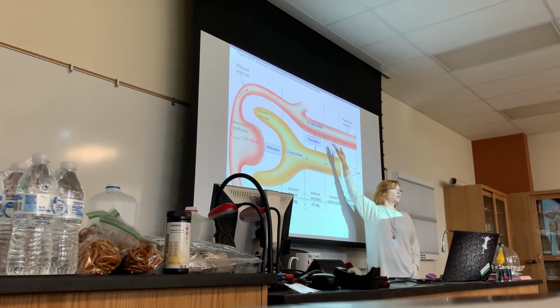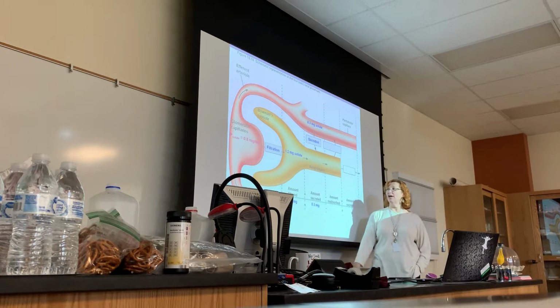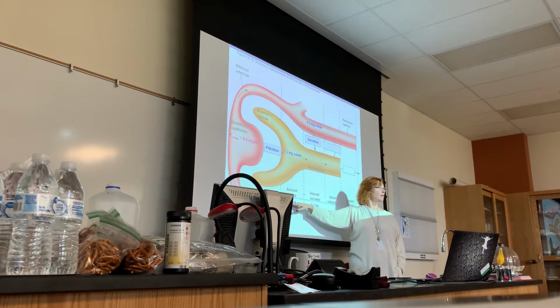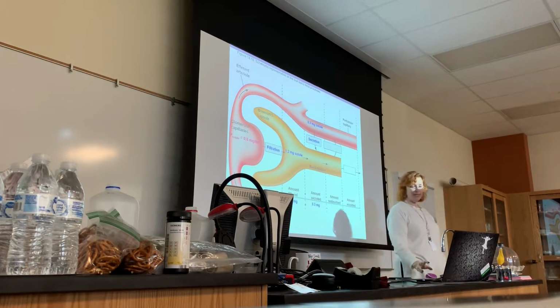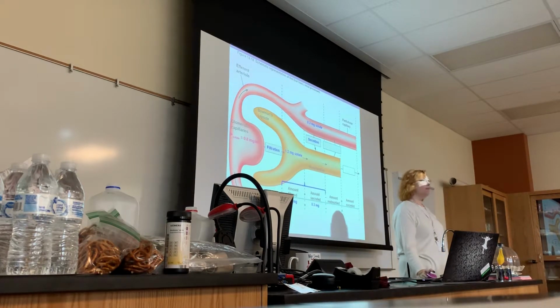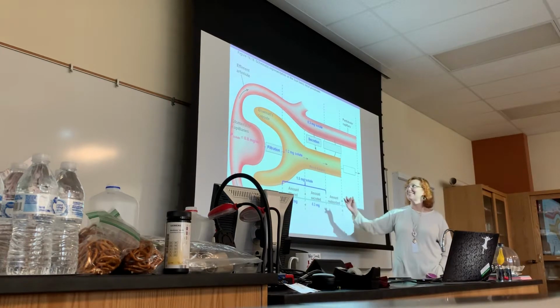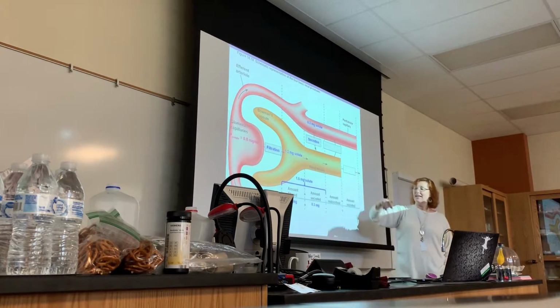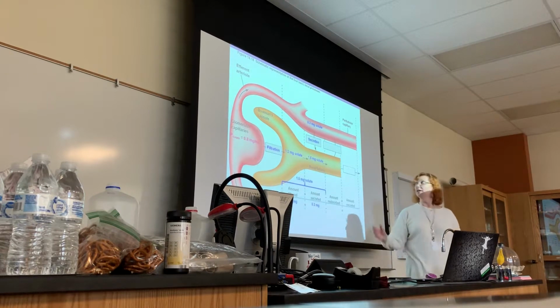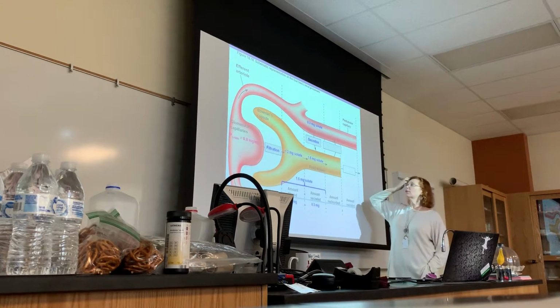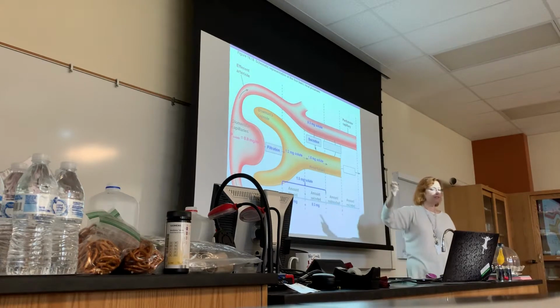Let's say it's 0.3 additional secreted. So this is the amount filtered from blood to kidney. This is the amount secreted from blood to kidney. So my total amount at this point that is in the kidney is 1.5 milligrams of solute.